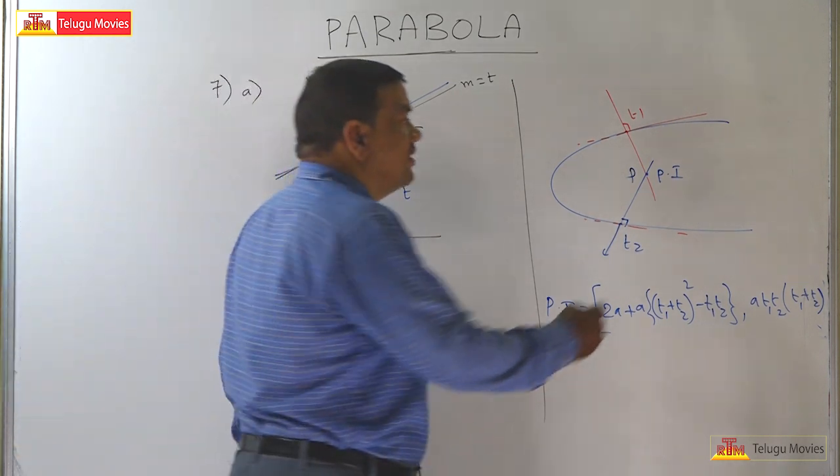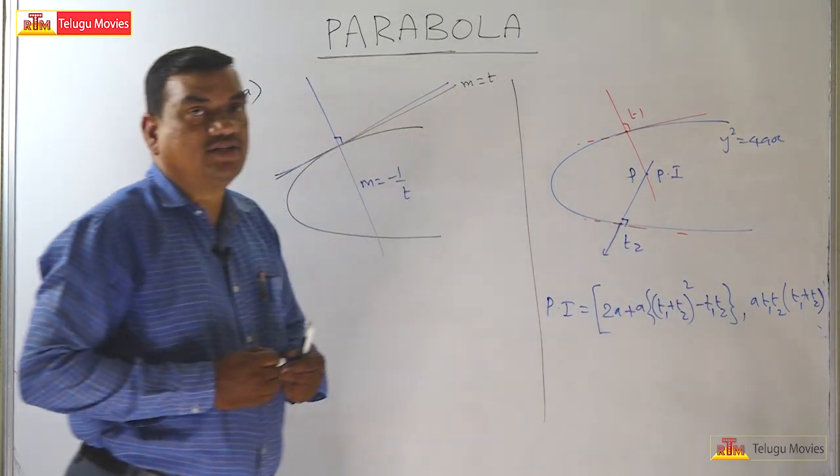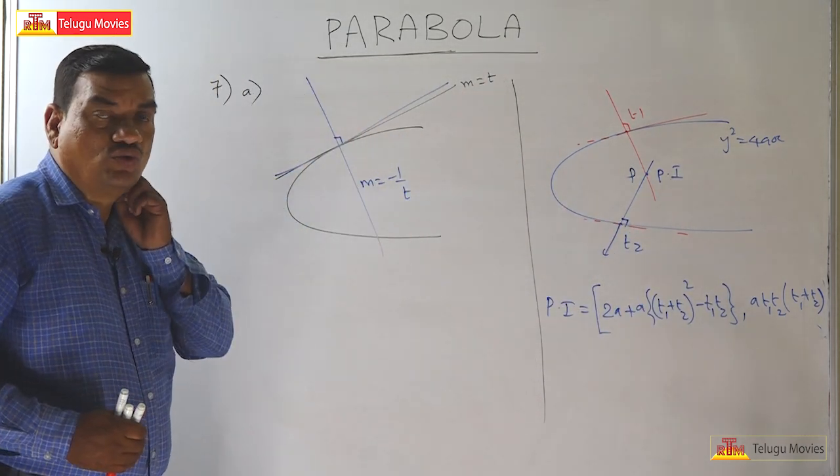Of course, here the equation of the parabola is y squared equal to 4ax.